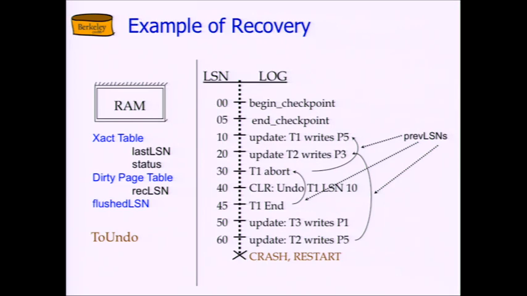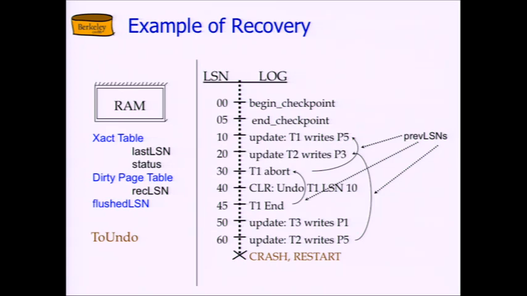The prev LSN of 45 should be 40. Ah, it's not a bug. 40 has an undo next LSN, which is null, because CLRs have an undo next LSN, but there's nothing left to undo. T1's prev LSN should be 30. It's the last real log record, not a CLR.